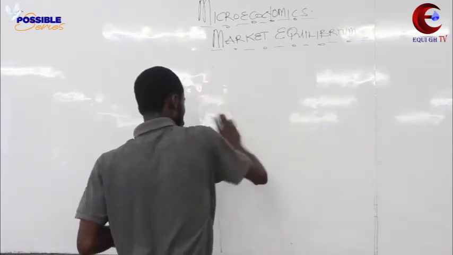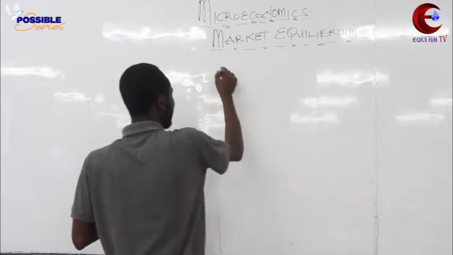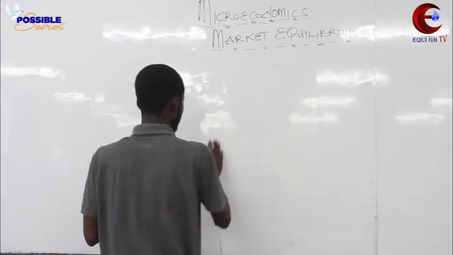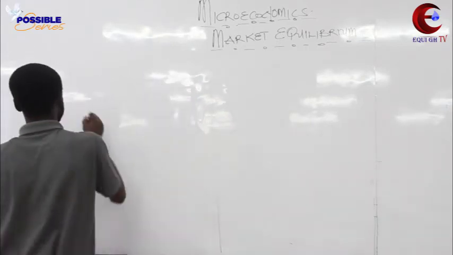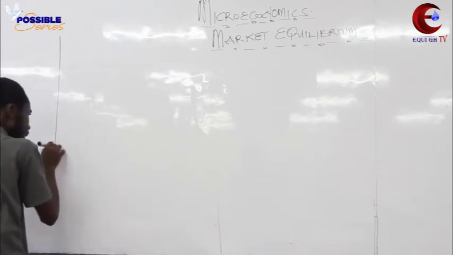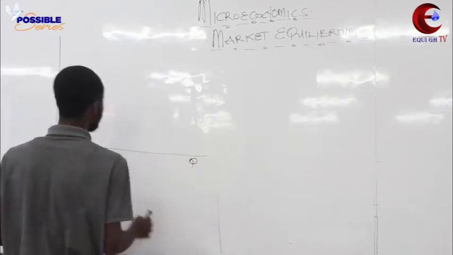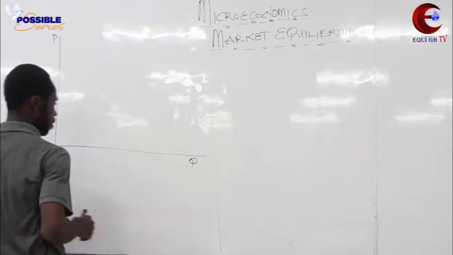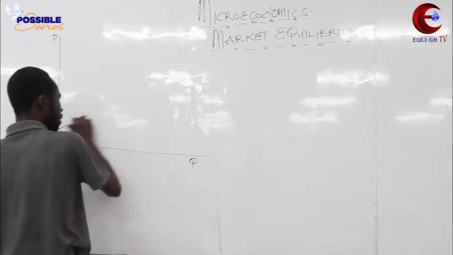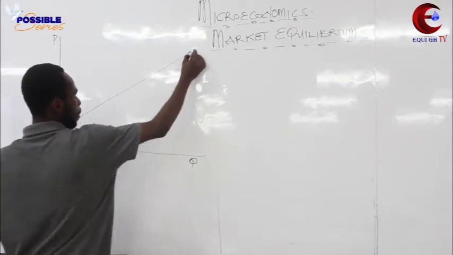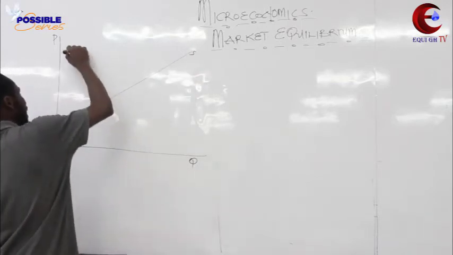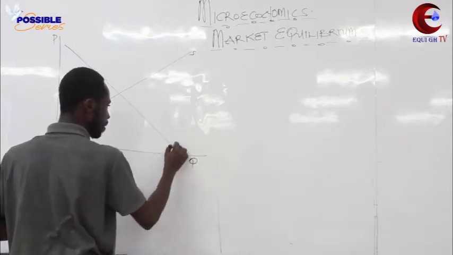Representing it on a curve, we are going to get something like this: the origin, quantity and price. We said that this is the point at which the market supply and the market demand meet each other.